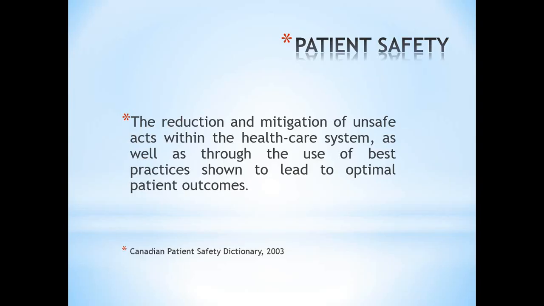That is, by reduction of the unsafe act, by mitigation of the unsafe act in the healthcare system, and the use of best practices, it may lead to the optimal patient outcome, which ultimately describes patient safety.